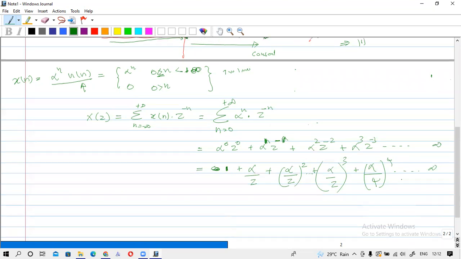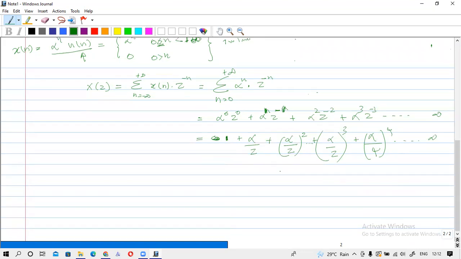So what is this? This is a power series, and also a geometric series. This is the one that comes to our mind when we see this kind of series.